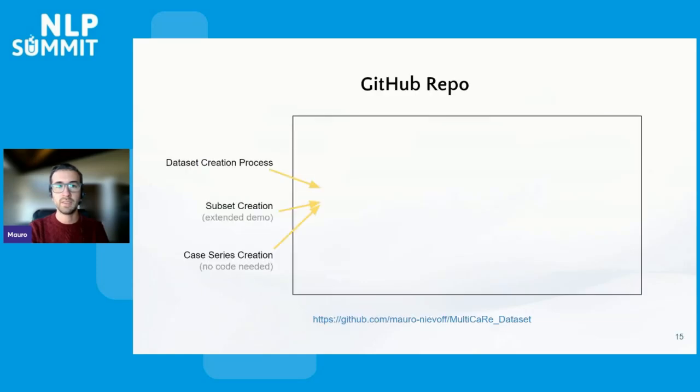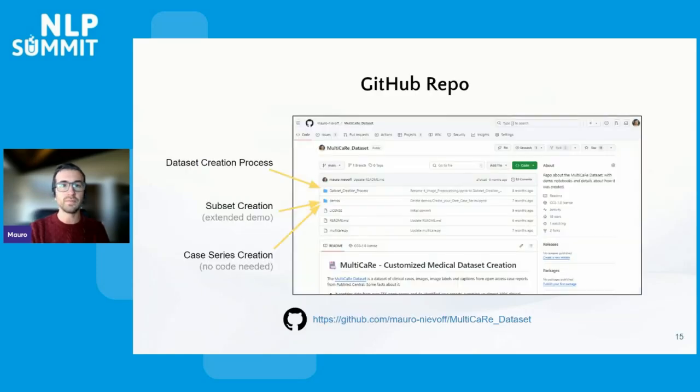Okay, so now let's go on with the demo. I will show you some examples now. You can find more examples and more details of everything in our GitHub repo. As you can see, there is one folder with notebooks that explain how the dataset was created in more detail.